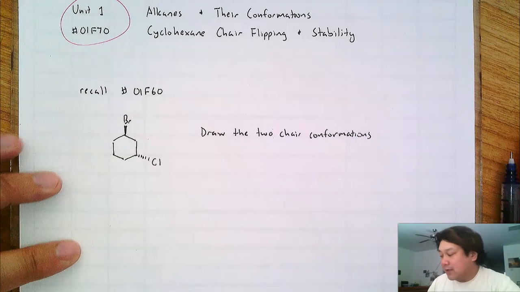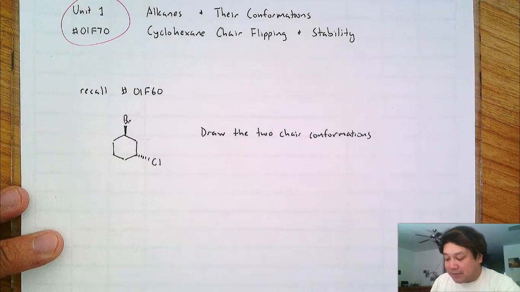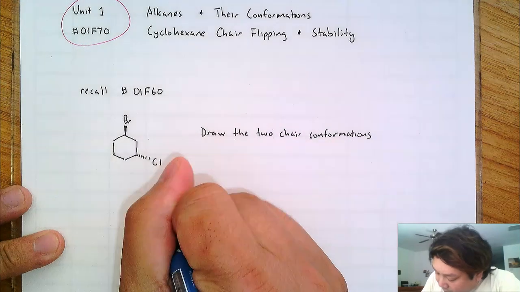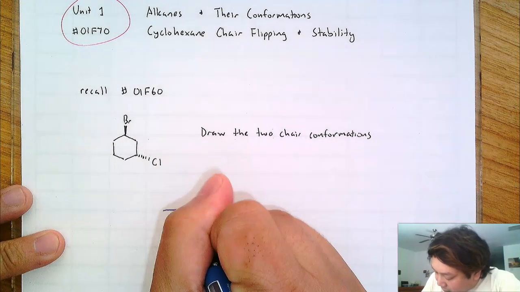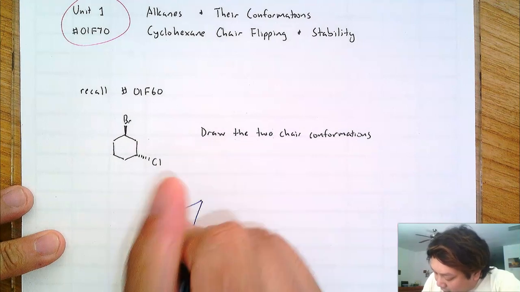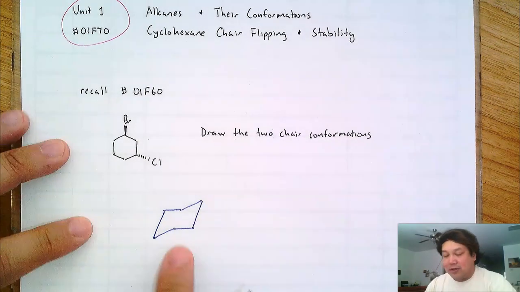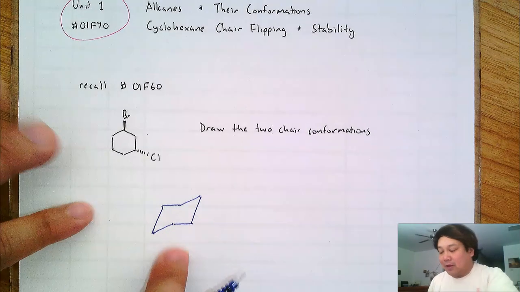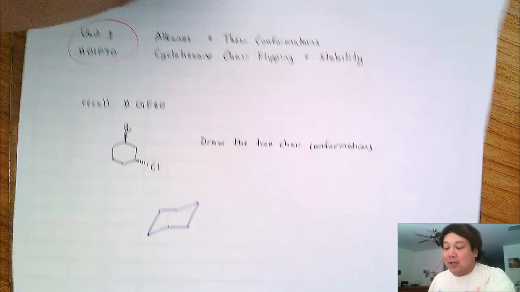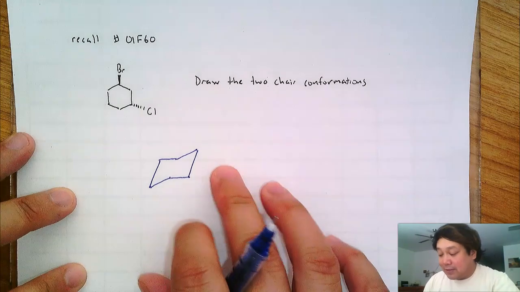The trick for this is to go ahead and set up your templates. I like to draw my chairs with the butt of the chair being completely horizontal. The textbook has it a little bit tilted.